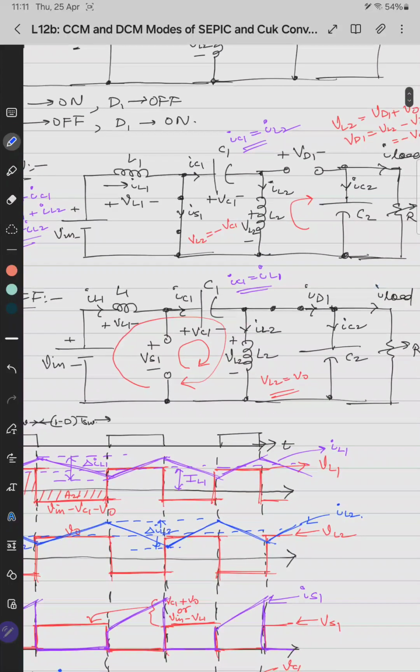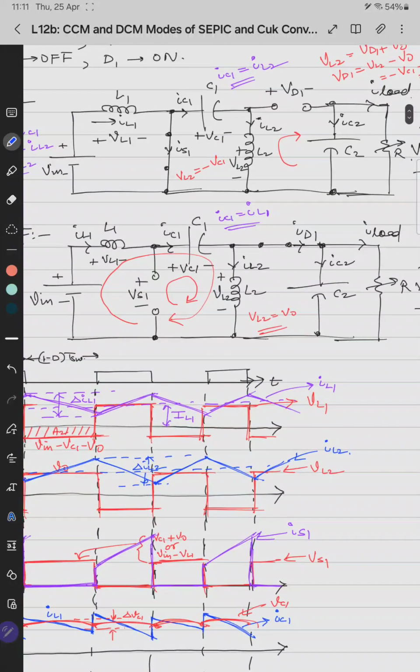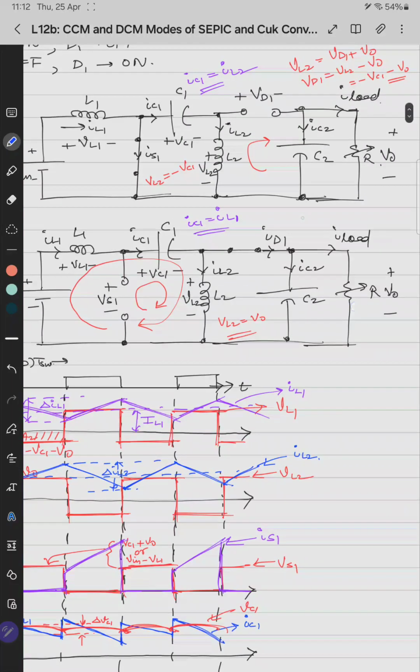ID1. First case, ID1 is 0. So we'll draw the 0 ones. And in the second case, what is ID1? Yeah, IL1 equals IL2 plus ID1.